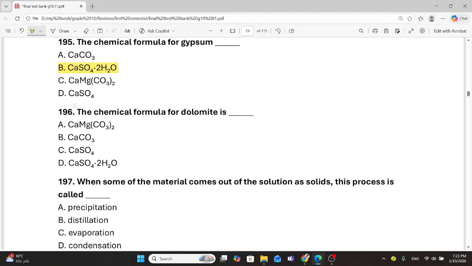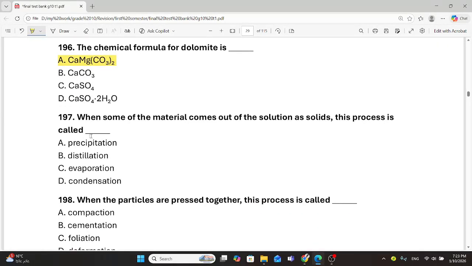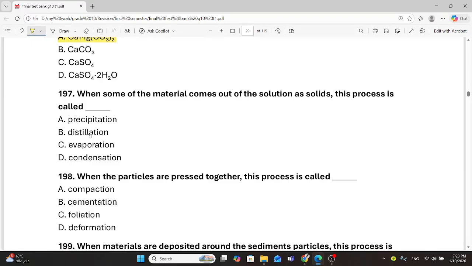The chemical formula of dolomite is calcium magnesium carbonate, CaMg(CO3)2. When some of the material comes out of the solution as salts, this process is called precipitation.